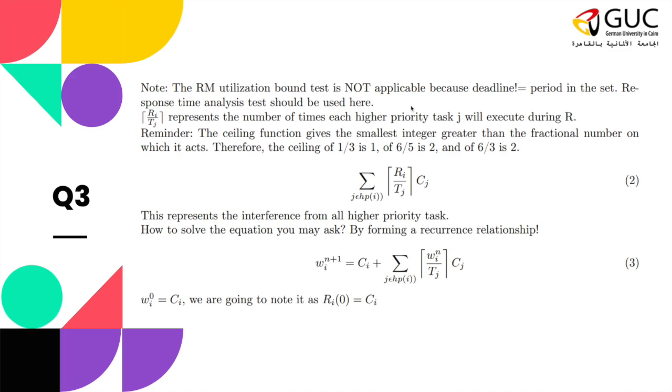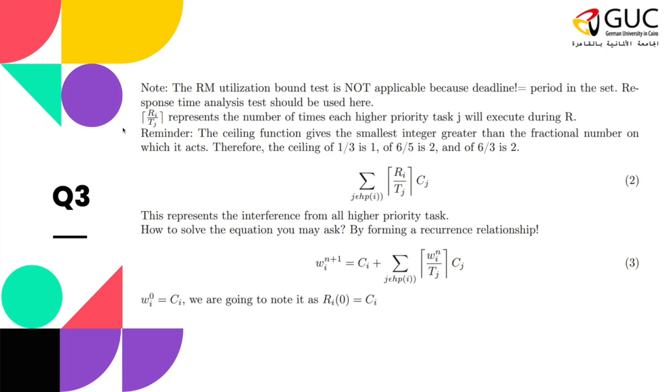The RM utilization bound is not applicable because the deadline is not equal to the period in the set. Response time analysis test should be used here, which I told you, since the deadline is not equal to the period, we cannot use the UB test. Here it says that the ceiling of R of I over T of J represents the number of times each higher priority task J will execute during R.